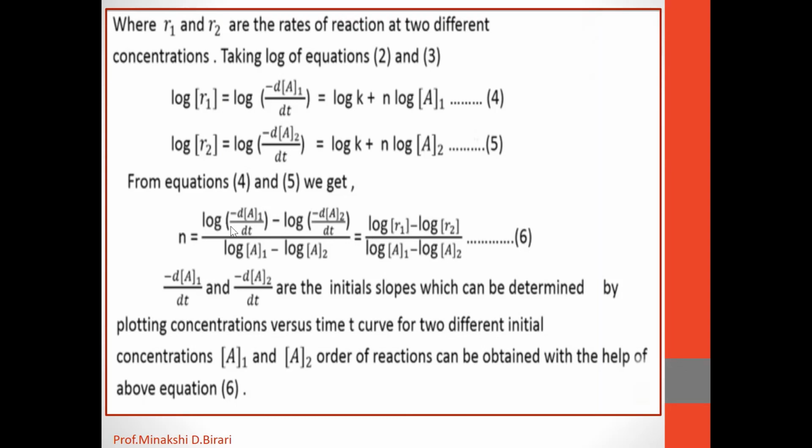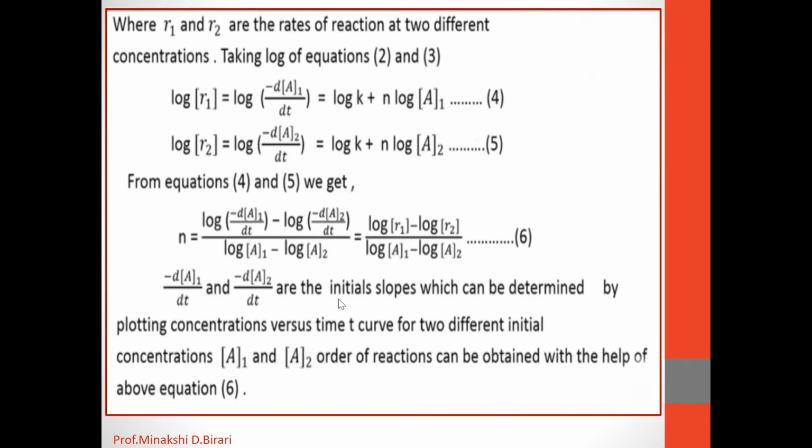This is the equation for R1 and this is the equation for R2, so that we have equations 4 and 5. By using that we get log of R1 minus log of R2 divided by log of A1 minus log of A2.